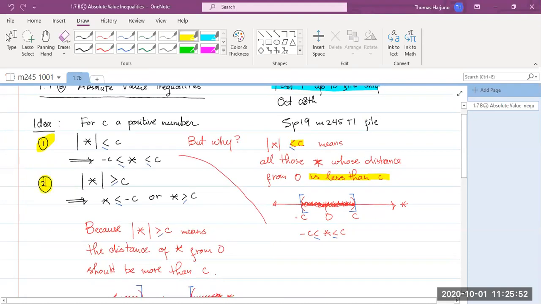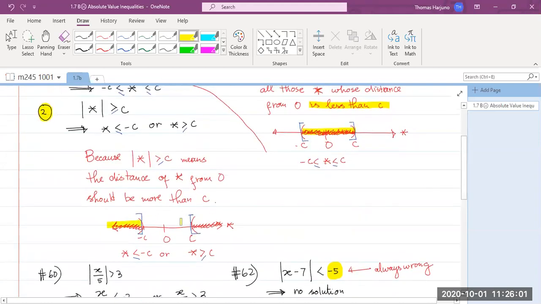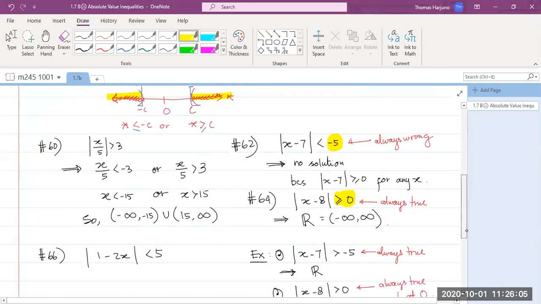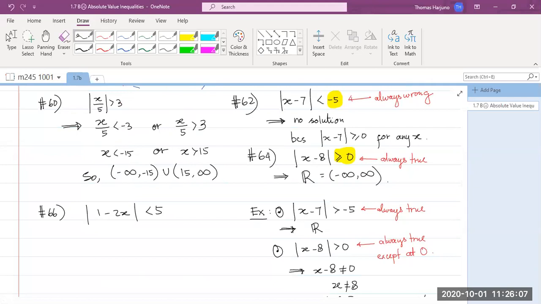This is the second type. The interior is for the first type, the exterior for the second type. So is this the first one or the second one? Interior or exterior? The first one, it's inside.